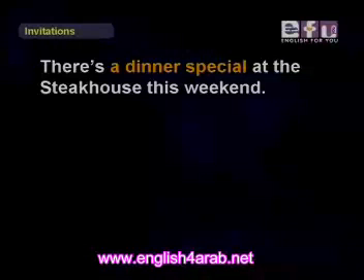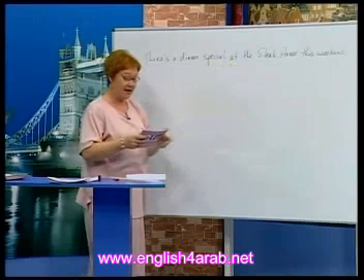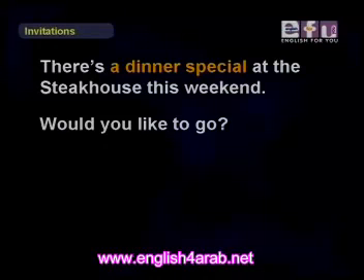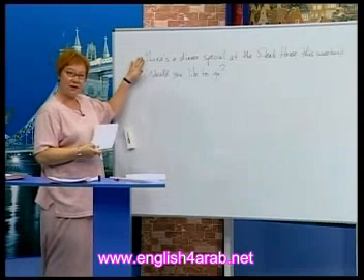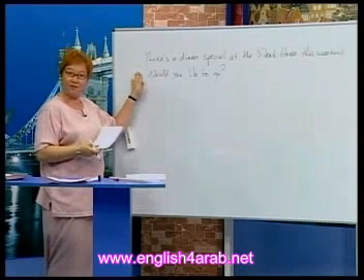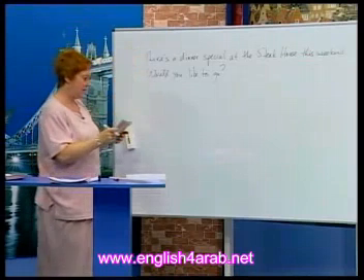So, there's a dinner special at the steakhouse this weekend. Here's the information, and now you can say, would you like to go? There's a dinner special at the steakhouse this weekend. Would you like to go? Okay, information and invitation.